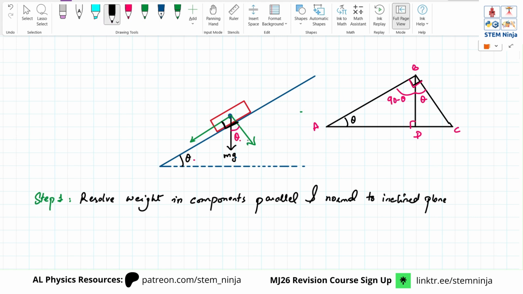So when we resolve mg this way, this is going to be mg cos theta and mg sin theta. Now, since this is resting on the inclined plane, you will have a normal contact force or normal reaction force. Again, that would be perpendicular to the inclined plane.